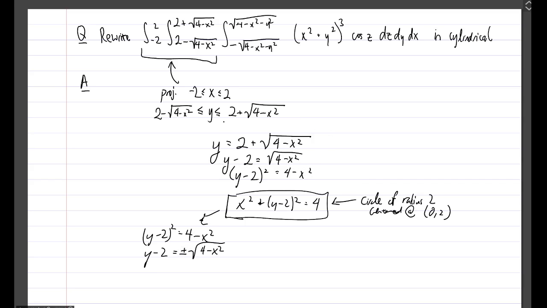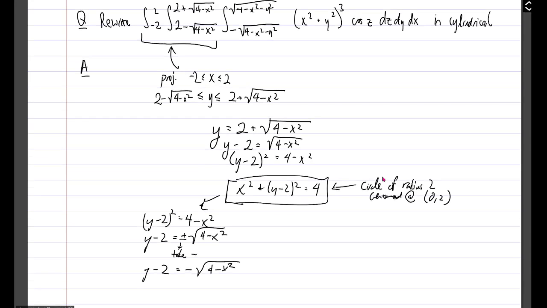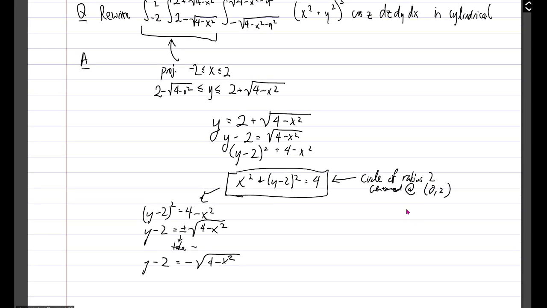What I'd like to do is pursue what happens when we look at the minus here. So let's just take the minus, and then we'll have y minus 2 is equal to negative root 4 minus x squared. The point being, if we now reorganize this by adding 2 to both sides, you have y is equal to 2 minus root 4 minus x squared.